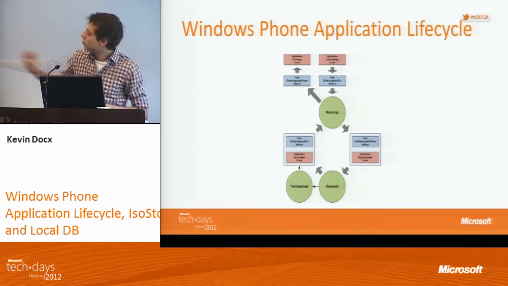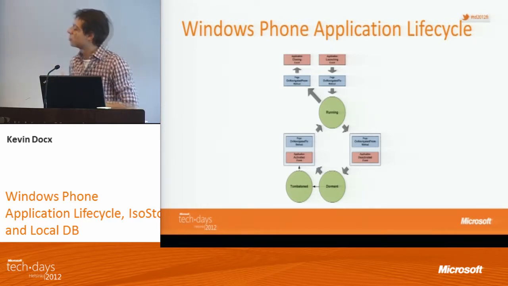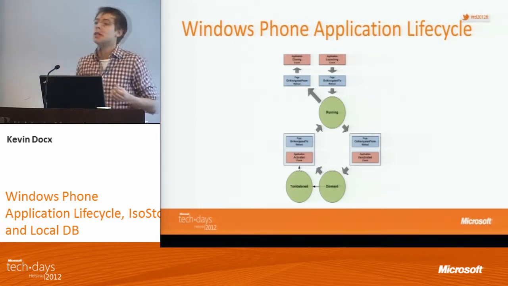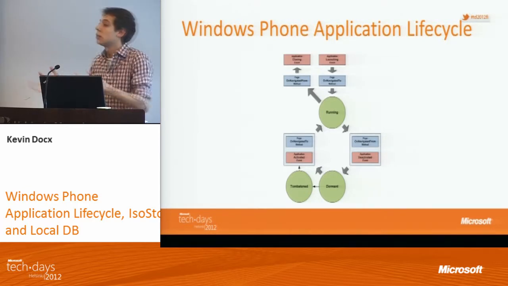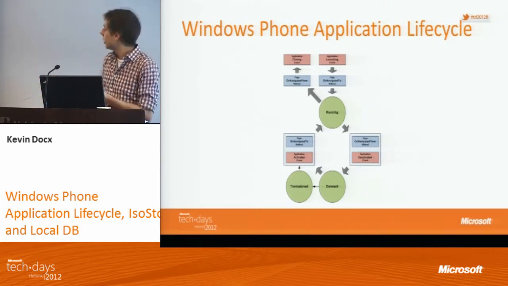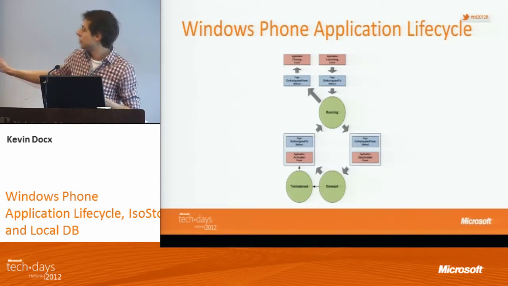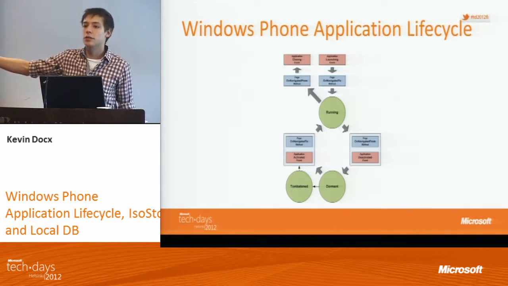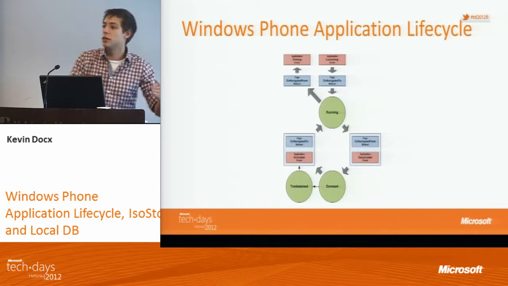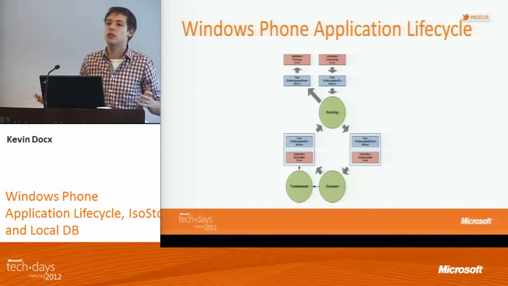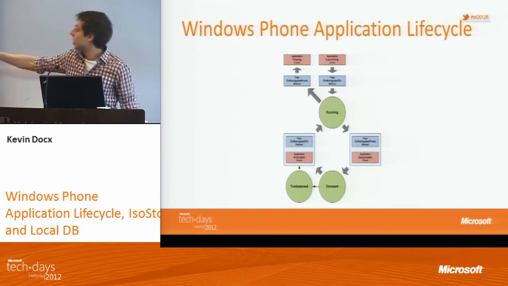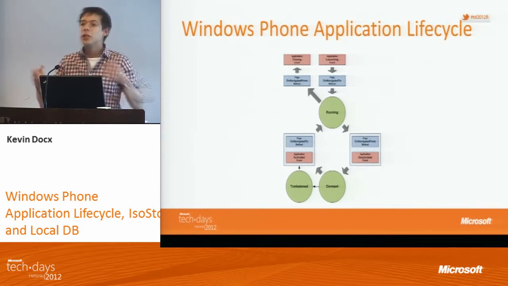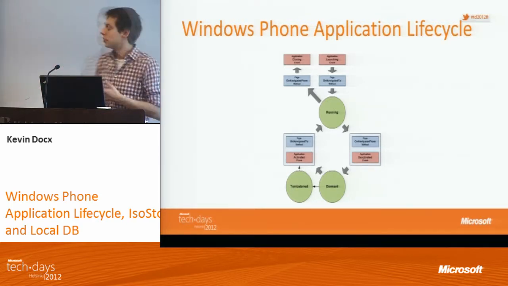So you're in tombstone state, and the problem with tombstone state is your app is no longer in memory. A few things are saved, but not your complete application, because, well, the operating system needs memory. So once you're in tombstone state and you go back to the activated event, the user returns to your application, you no longer have your state automatically. So that means in the deactivated event, you need to save state somehow.